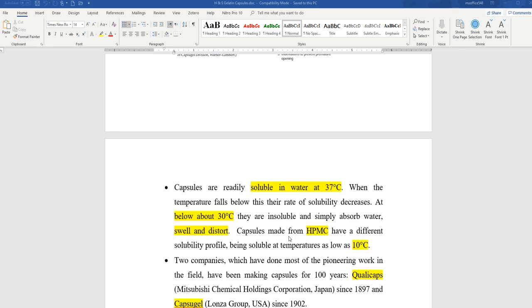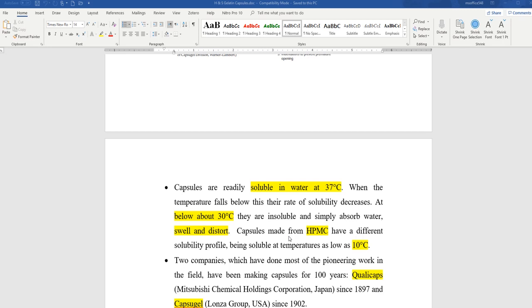And because of sensitivity regarding using animal, which may be not slaughtered according to Islamic way, or maybe some people, they are vegetarian, so they don't like to have something with animal source. In this case there is an alternative, which is vegetable capsule shells.